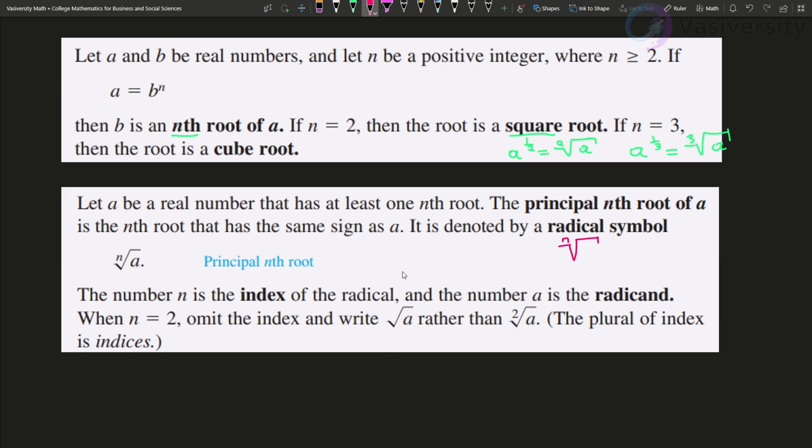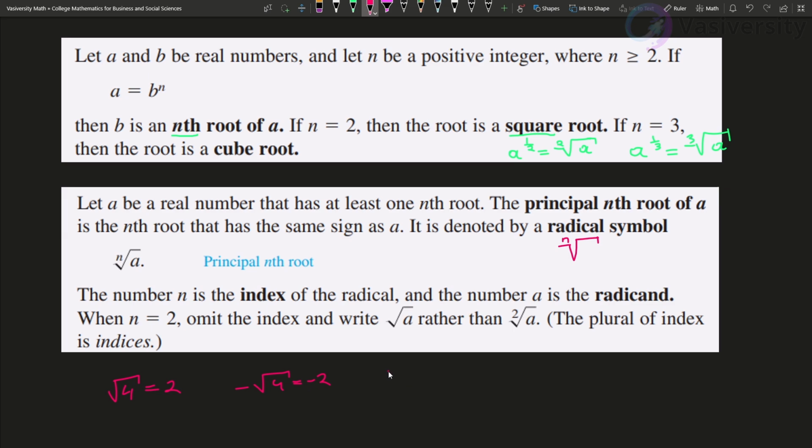Okay, and so when we are dealing with a square root, if we have a positive square root of 4, that's going to be 2. The negative square root of 4 is equal to negative 2. And when we are solving equations, the square root sign most of the time implies the positive root.